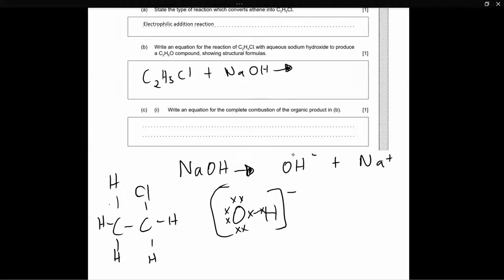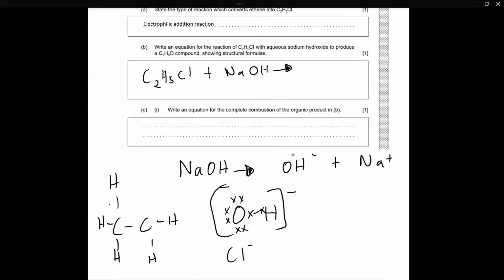And when it breaks away from the carbon, it actually takes both of the electrons in this bond. So you can think of it like a thief. It takes the electron that it contributed to the bond, and it also takes carbon's electron. So it'll take these electrons and leave, and it'll form Cl minus.